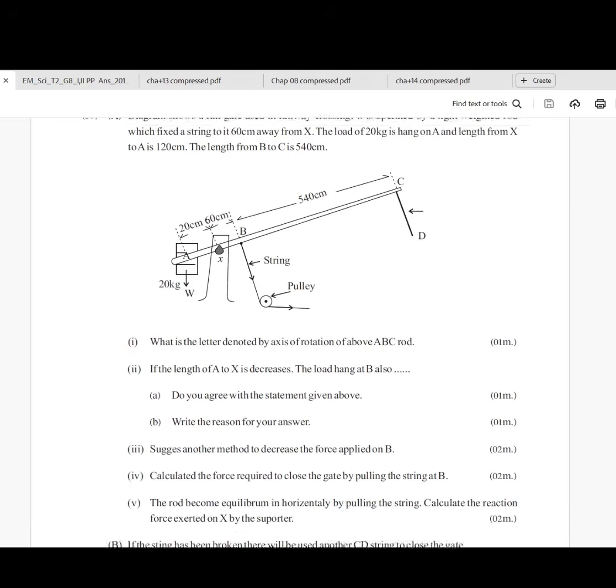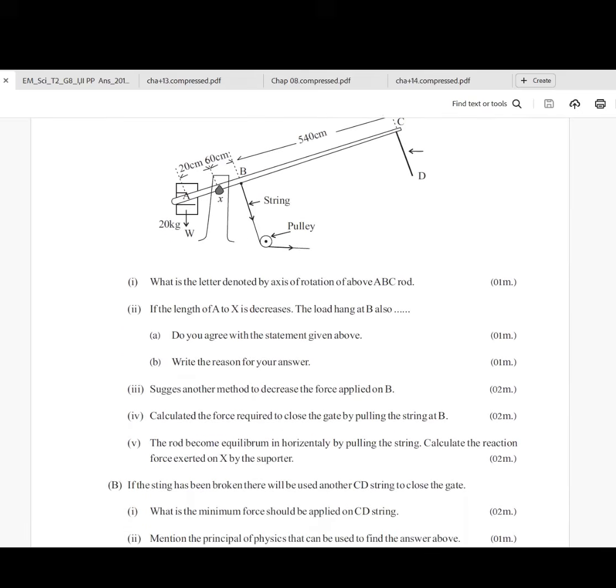Calculate the force required to close the gate by pulling the string at B. Then you have to take the clockwise moment equal to the anti-clockwise moment. Here the clockwise moment is exerted by the B point and the anti-clockwise moment is exerted by the force W. Then we will take it as 20 kilograms, which means the weight of that is 200 Newton, by multiplying 20 by 10. 200 multiplied by 120 centimeters equals the force we have to find, F, multiplied by 60.